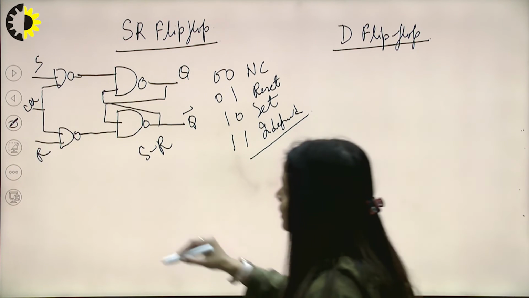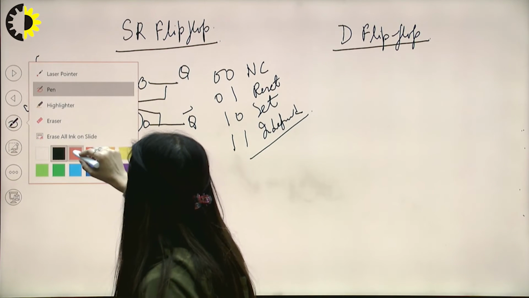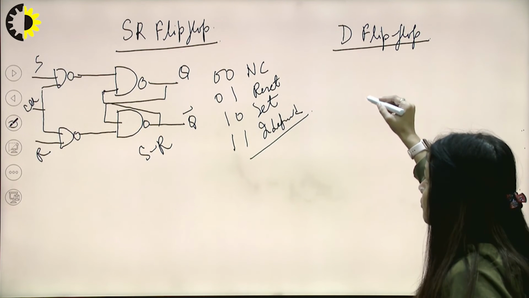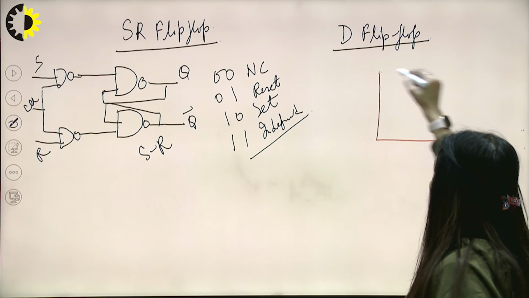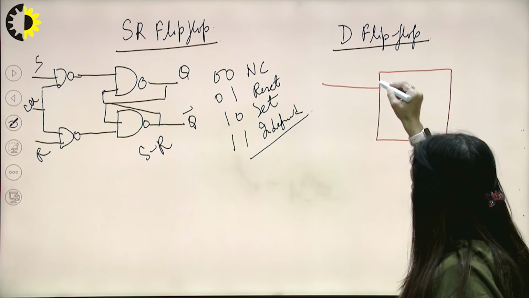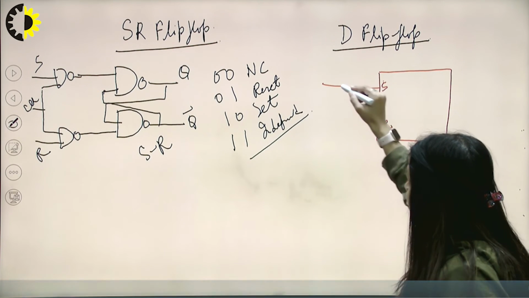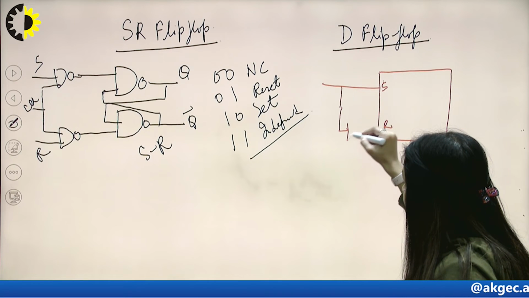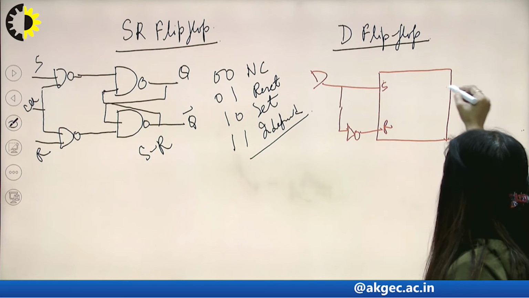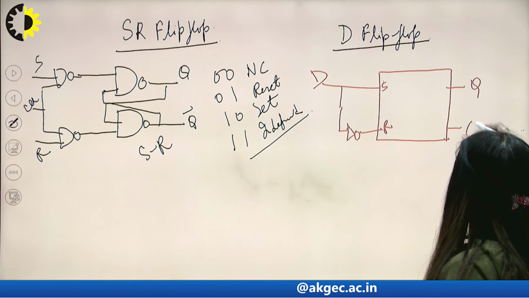to make the D flip-flop, what we can do is take the S and R flip-flop and connect an inverter, and here this is the D flip-flop with Q and Q bar.